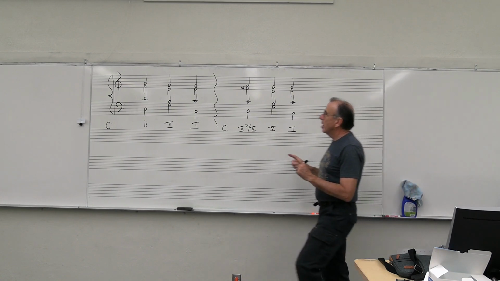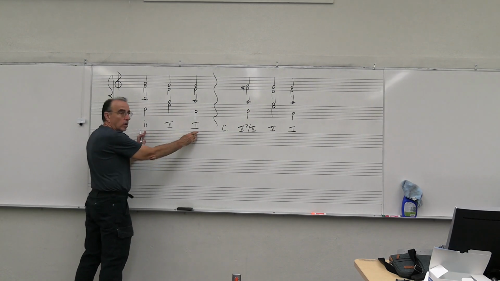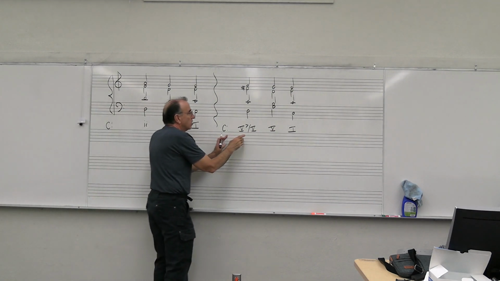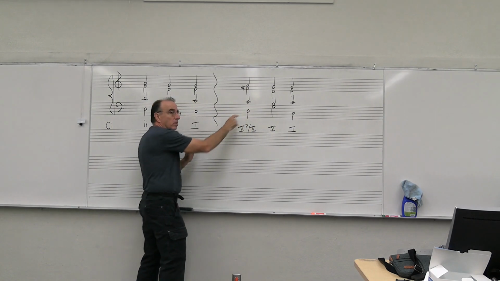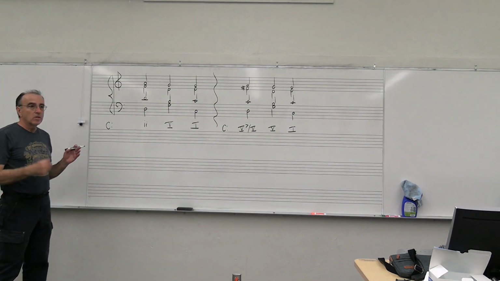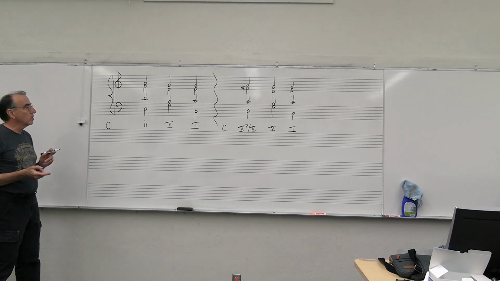But the point is that in this progression, 2 to 5 to 1, the root is D. In this progression, 5 of 5 to 5 to 1, the root is still D. So we're still taking advantage of these fifth-related things that are going on in the key.